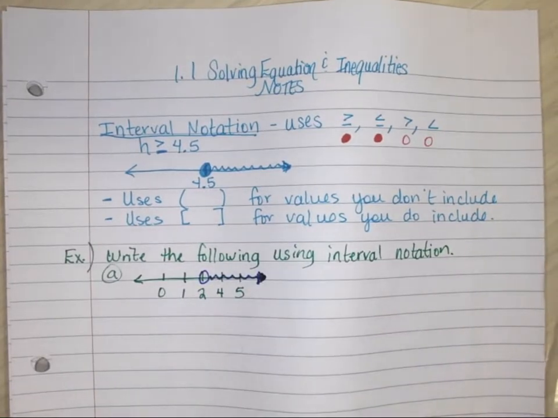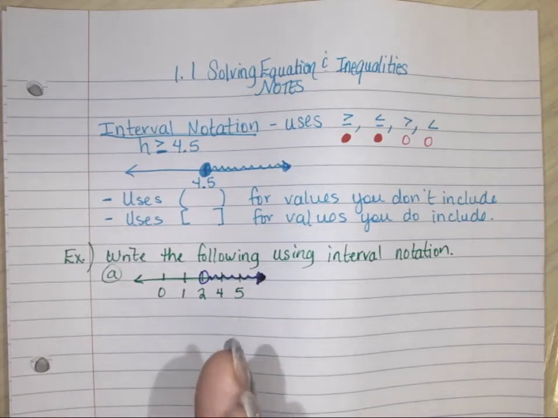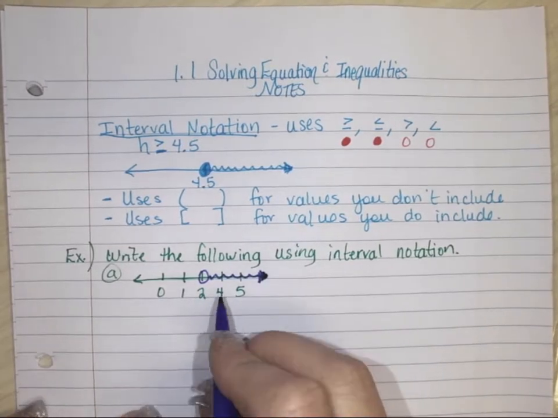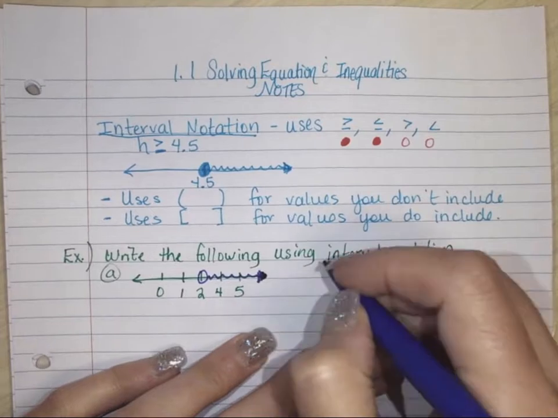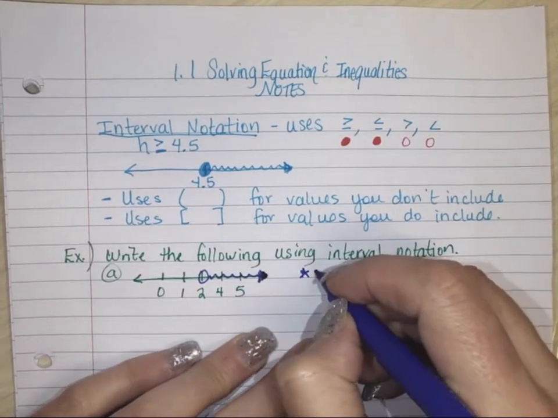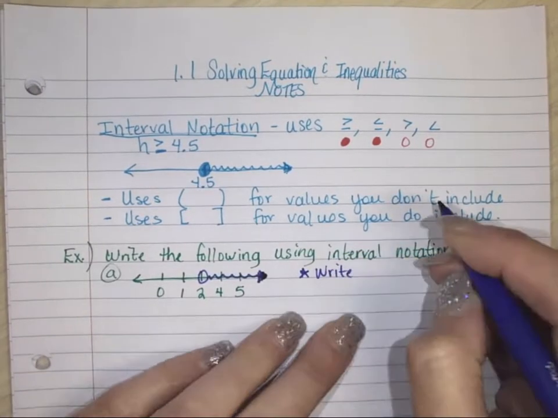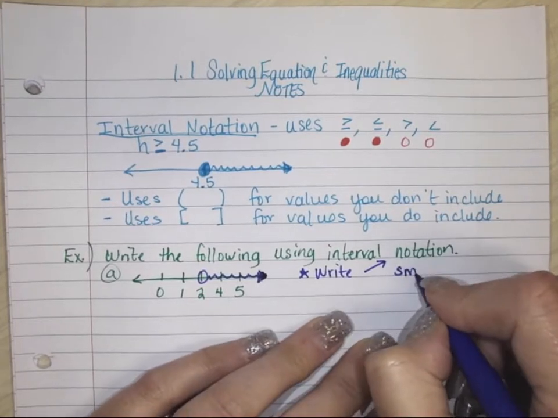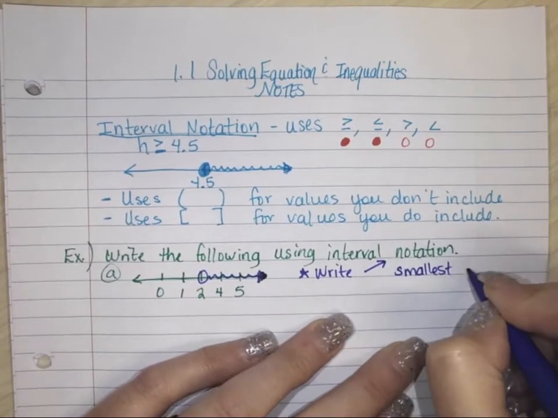Okay, so if we're wanting to write that particular solution set in interval notation, this is what you're going to do. Pick your farthest left point that it starts at, which of course is 2. And you always, definitely, this is very important, always write interval notation smallest to largest.